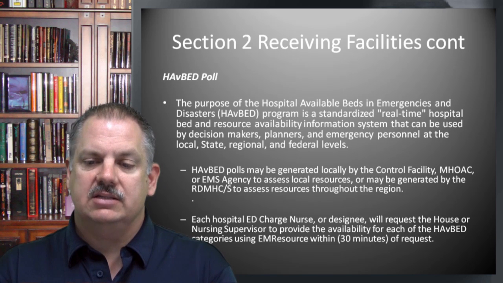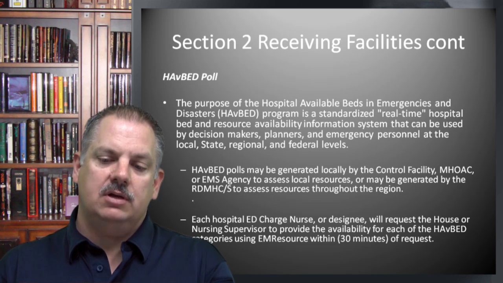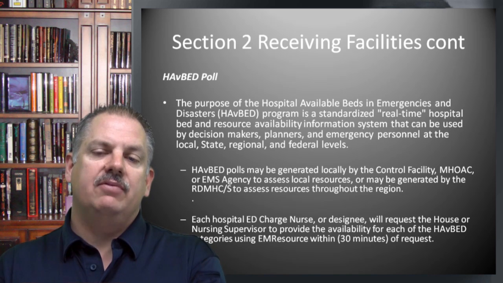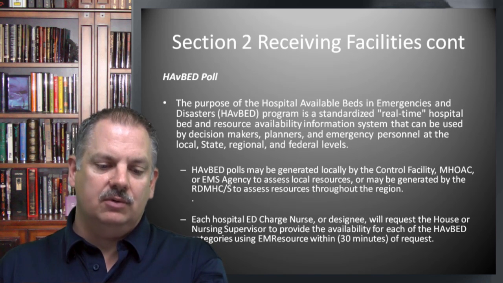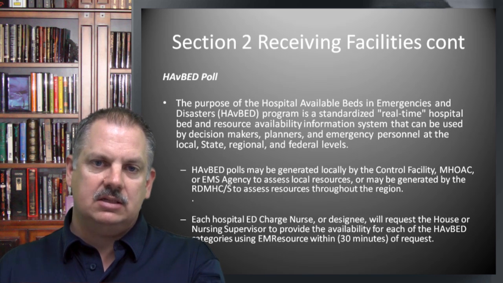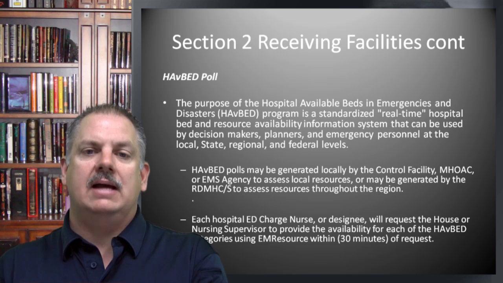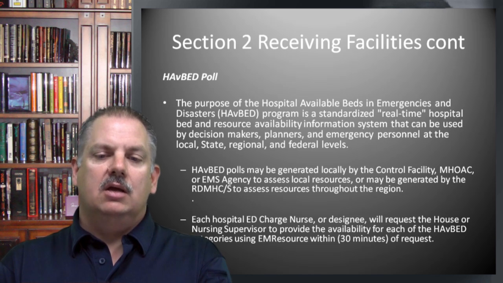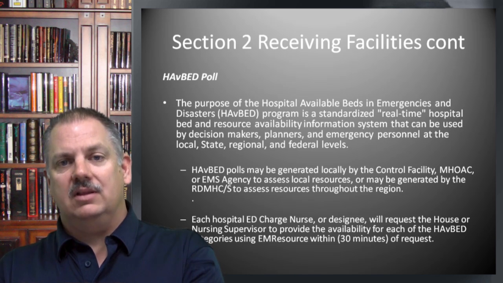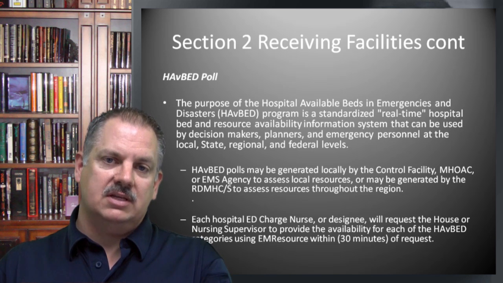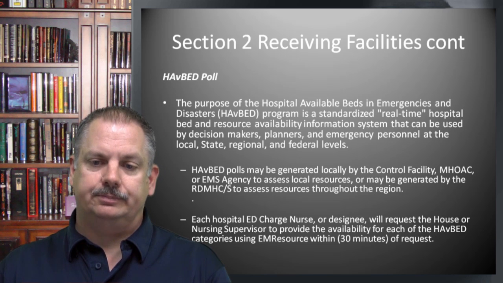Basically, they put it out to the facilities and want to know what the hospital status is at that particular time. They have 30 minutes to respond, and it's really a tabletop drill for MCIs. It gets the hospitals on board with going through their standard practice for finding out their bed availability, but it gives them a little bit more time to do that so that they can be successful in doing it. But it is important that every hospital participates in the HAvBED polls in the region.